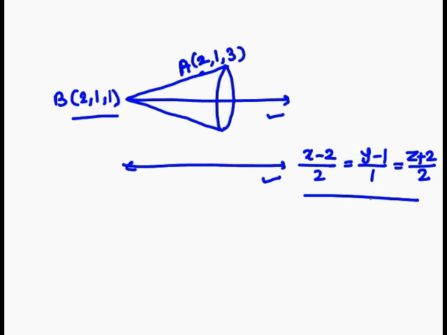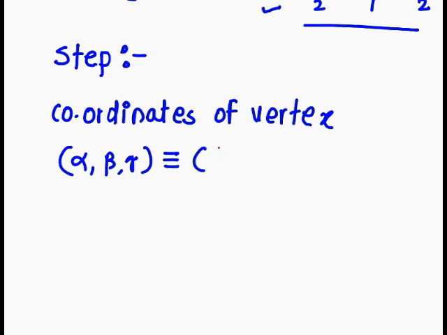Now let's solve this. In step 1, we write the given information. First of all, they give the coordinates of the vertex. So coordinates of the vertex alpha, beta, gamma are 2, 1, 1.